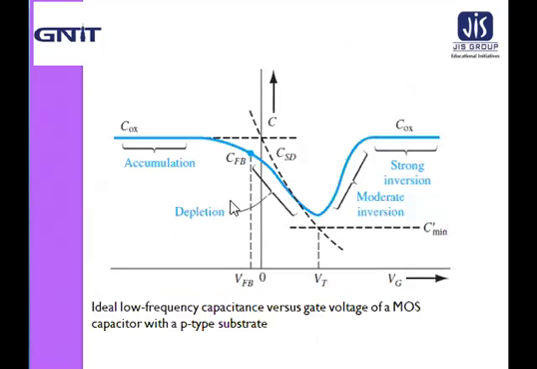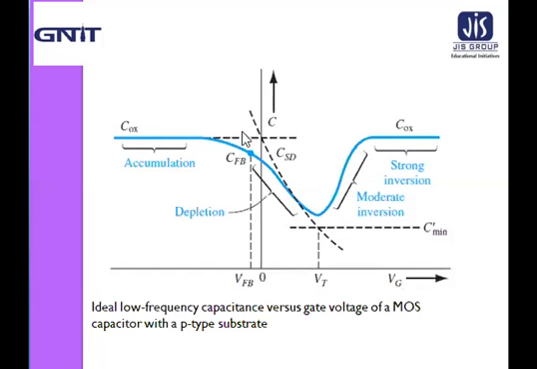Now this figure shows the ideal capacitance versus gate voltage, that is C for capacitance and gate voltage VG, or the CV characteristics of a MOS capacitor with a P type substrate.